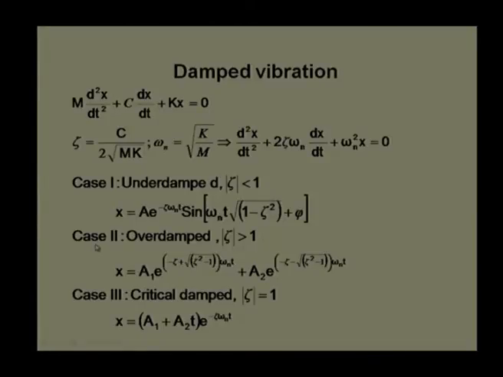Case 2 is overdamped, with zeta greater than 1. Here both exponential terms go to the negative side, so this will be continuous decay.